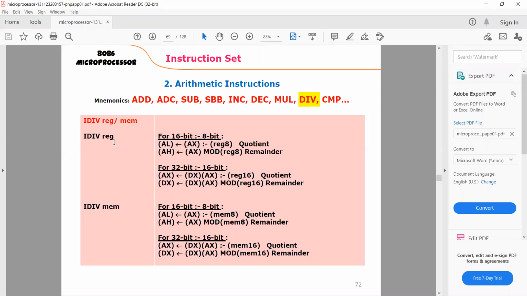All the locations will be the same. The only difference is that we consider the sign of the dividend, divisor, quotient and remainder.